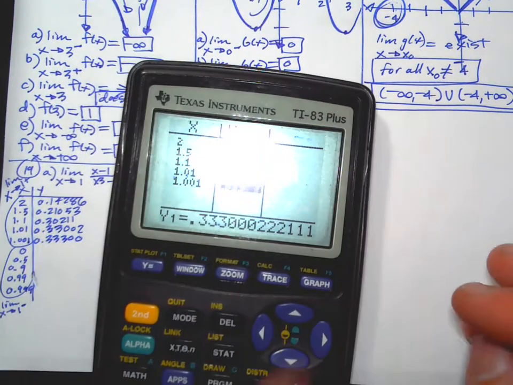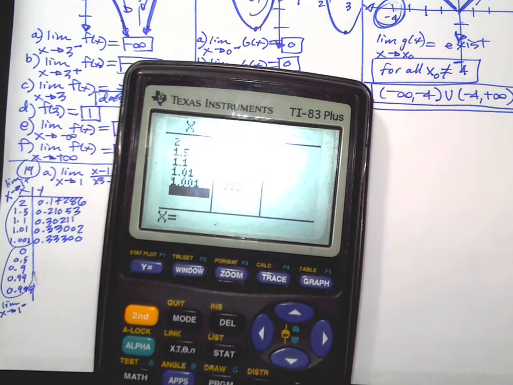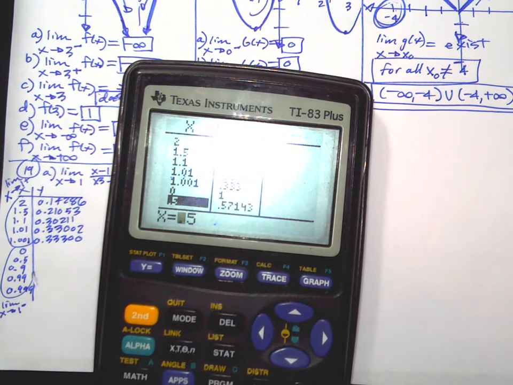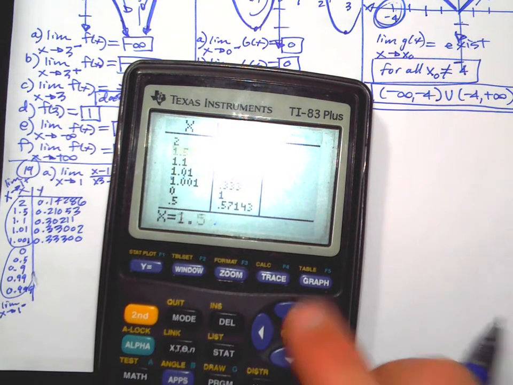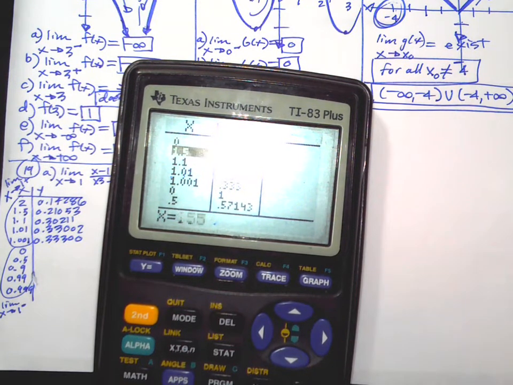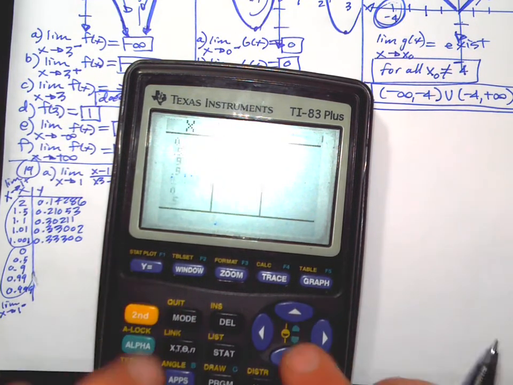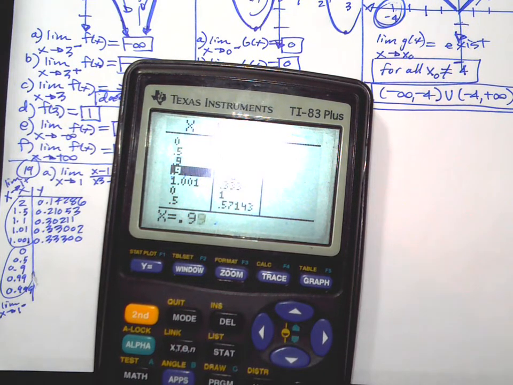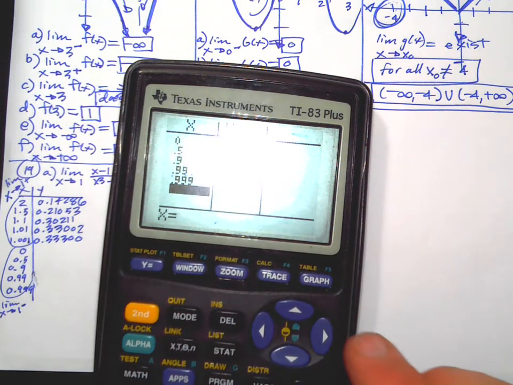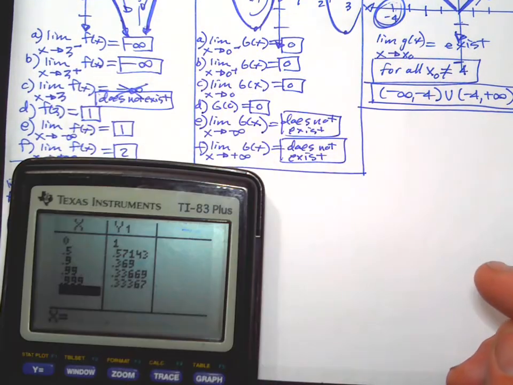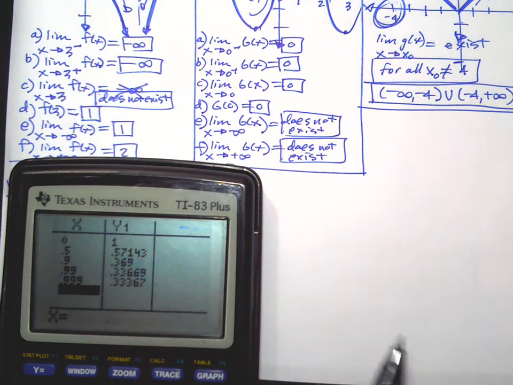Okay, now I think you only put so many values in. 0, we'll try it, 0.5. Yeah, it doesn't let me go past that, so I'm going to just type these in, starting here, 0, 0.5, 0.9, 0.99, 0.999. Okay, so I'm going to go ahead and type those in.